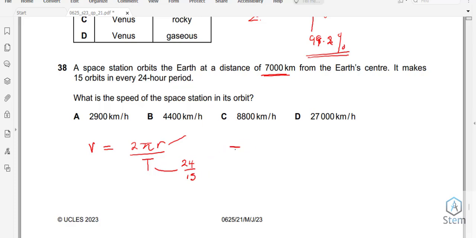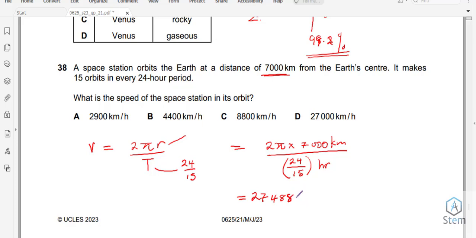If we punch that in our calculators, we have 2 pi times 7,000 divided by 24 over 15. Okay, we are going to get 27,488, and this is the nearest value to that. So number 38, we have D.